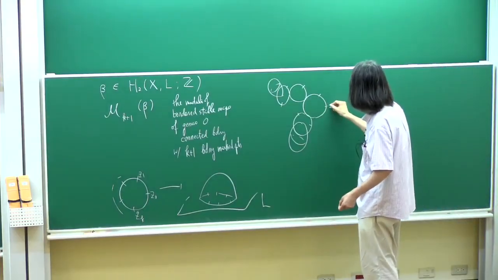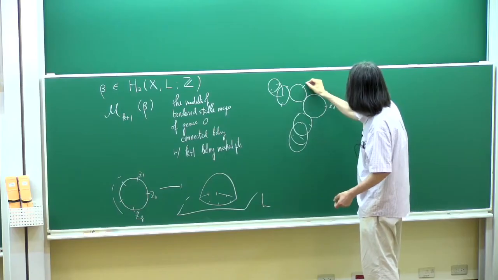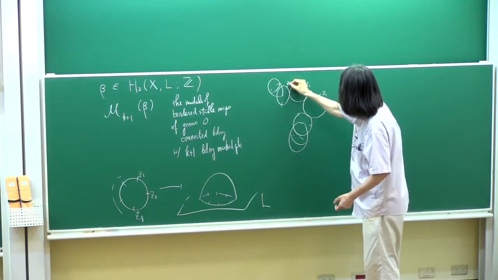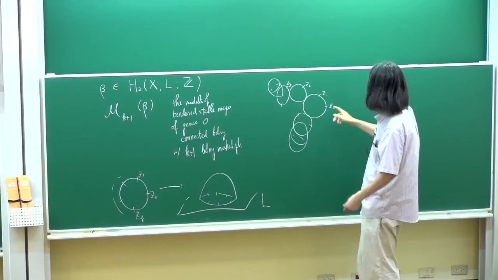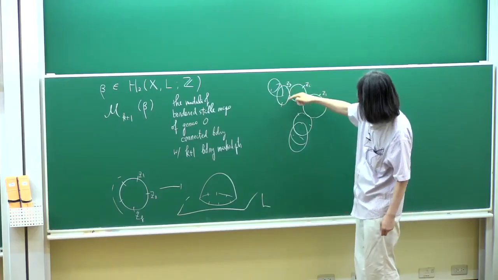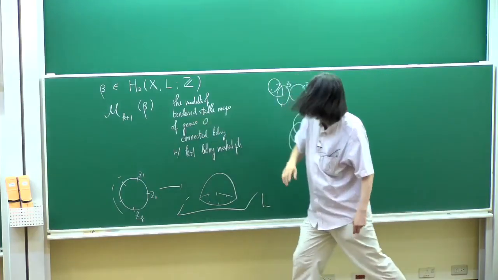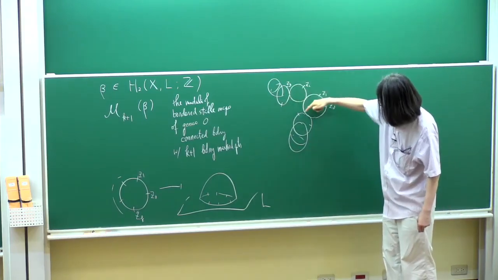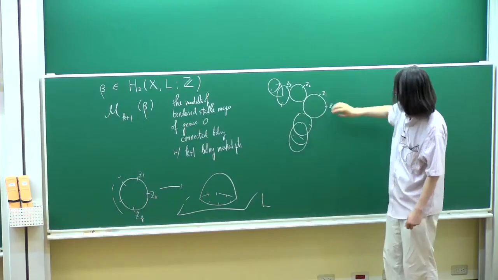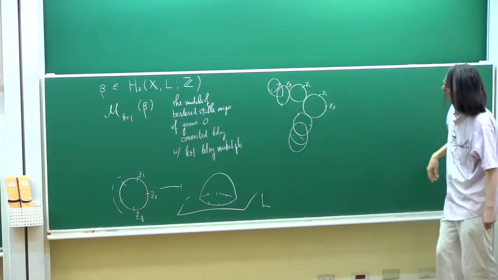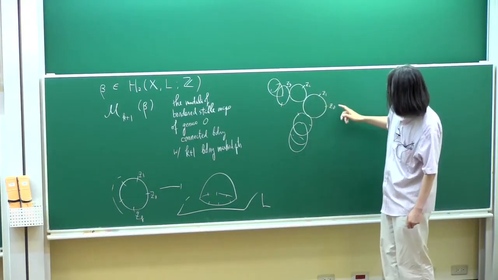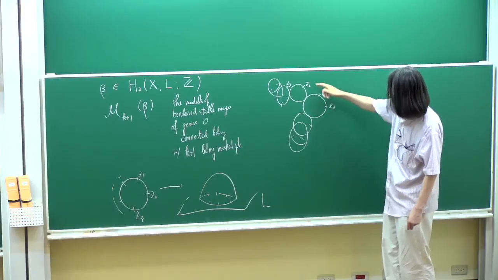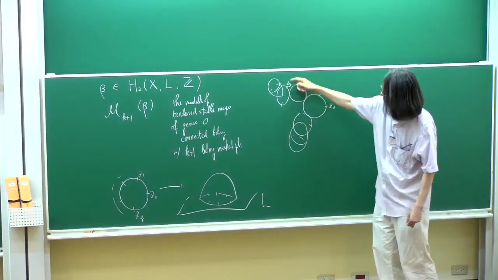In this case I have Z0, Z1, Z2, Z3 and so on. The boundary is connected by this assumption, so this boundary has an orientation as a boundary of these components, and I put the numbering of marked points which respects this cyclic ordering.